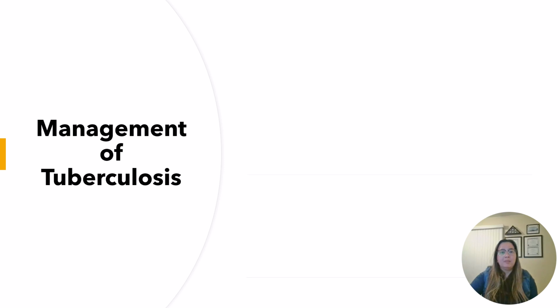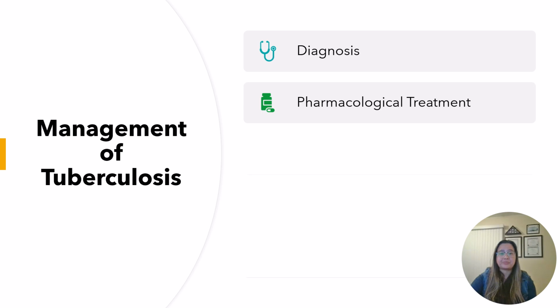All right. Management of tuberculosis involves a combination of medical treatment, monitoring, and public health measures to ensure effective cure and prevent the spread of the disease. TB is diagnosed using a combination of clinical evaluation, TST, chest X-ray, and sputum smear microscopy. The standard treatment for active TB involves a multi-drug regimen, typically including isoniazid, rifampin, ethambutol, and pyrazinamide for the initial phase, followed by a continuation phase with fewer drugs.